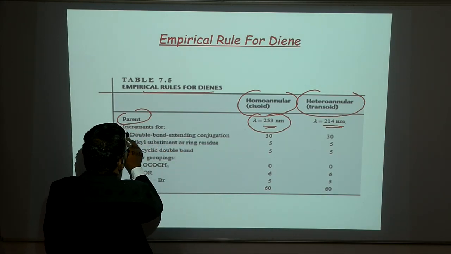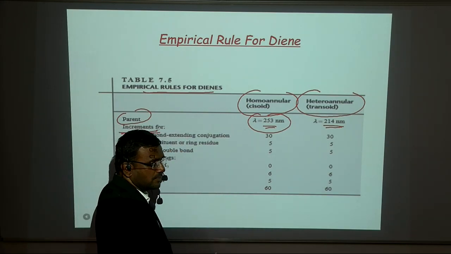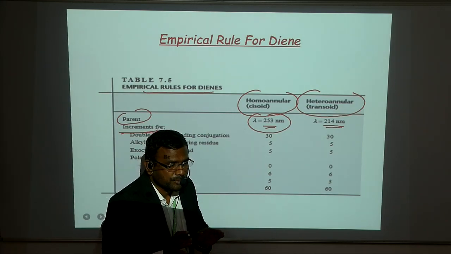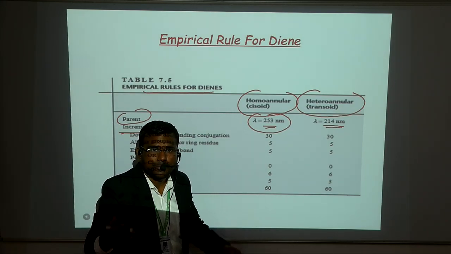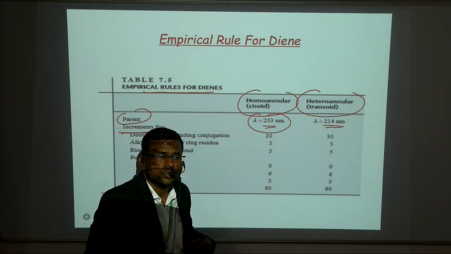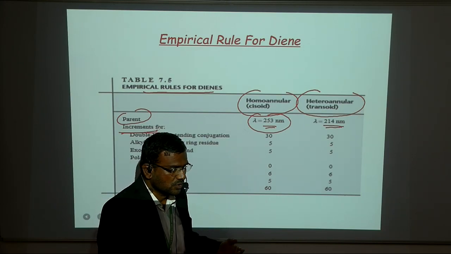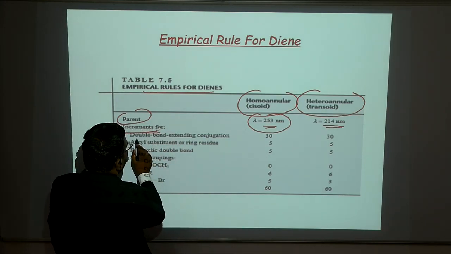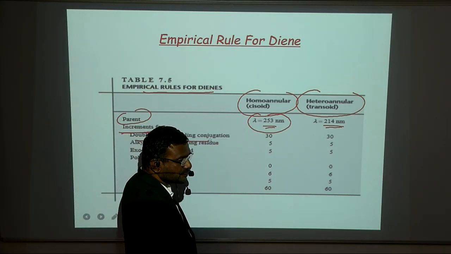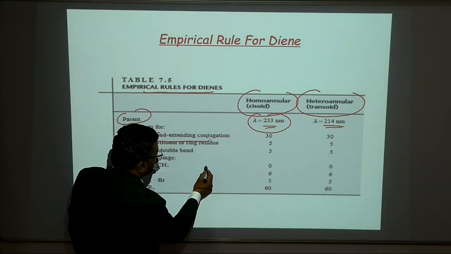Okay. Now there are increments, meaning in addition to the base value, if there are other components in the structure, we have to add some nanometers. Okay. So the first point is double bond in conjugation. Let us see this example.